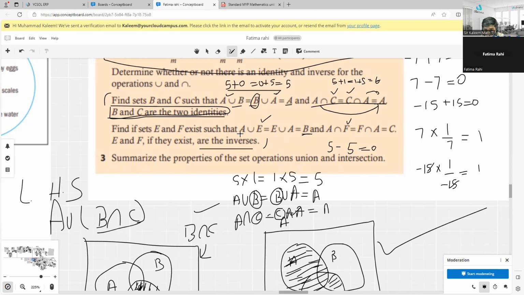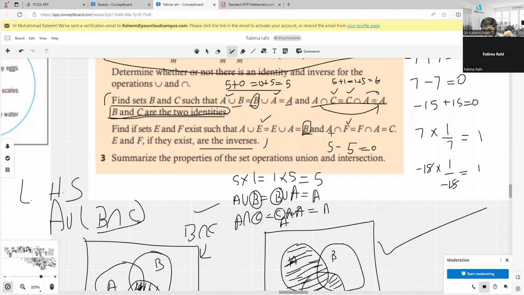Here we have the same thing. When we operate A with E, we get the identity B, the union identity, which we already declared. So it means that A and E are inverses of each other.